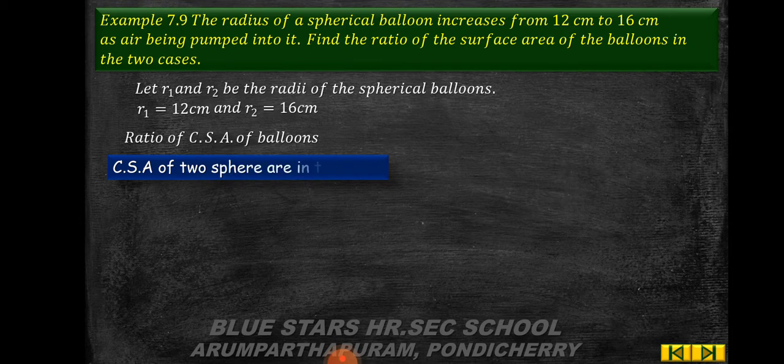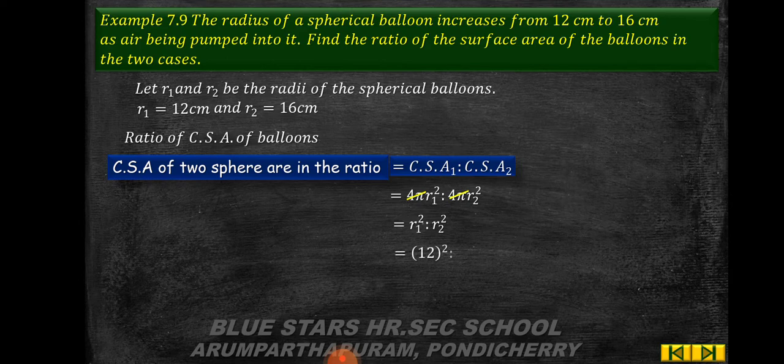CSA of two spheres are in the ratio CSA1 is to CSA2, which is equal to 4 pi R1 square is to 4 pi R2 square. So 4 pi gets cancelled. It is in the ratio of R1 square is to R2 square, which is equal to 12 square is to 16 square, which is equal to 12 into 12 is to 16 into 16.